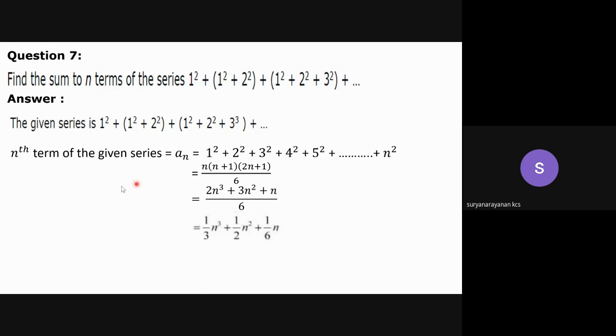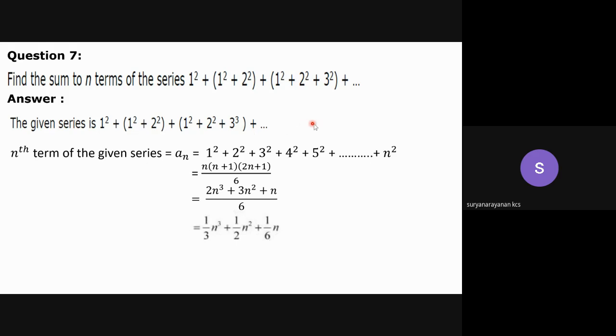Okay, my children. Right. Now, by using our common sense, the nth term of the given series, that is an. What will be the nth term of this given series? 1 square plus 2 square plus 3 square plus 4 square plus 5 square plus and so on up to n square. Let us consider this is the first bracket, this is the second bracket, this is the third bracket, and so on.